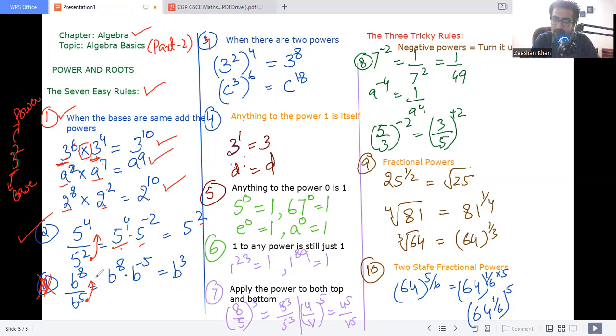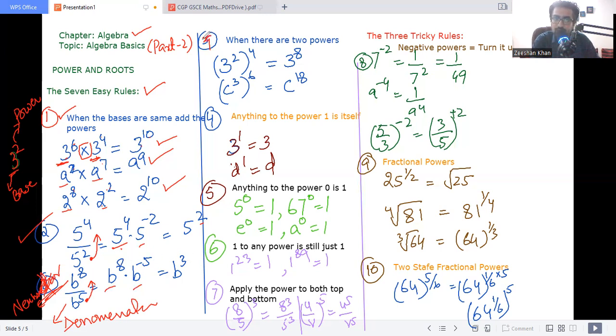You can see I have taken that from the denominator to the numerator. This is called the denominator, and this is called the numerator. So it becomes negative 5. Now the bases are the same, so 8 minus 5 is 3.